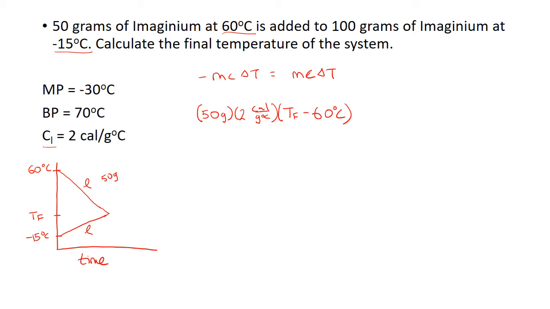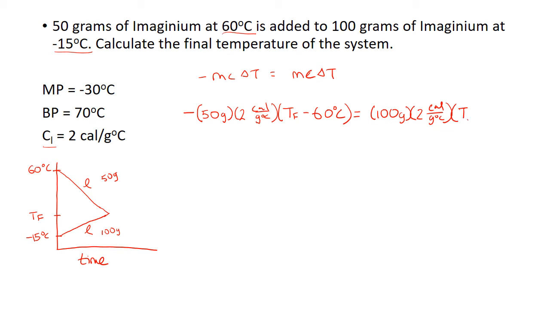We will go ahead and throw our negative out front right now so we can't forget about it. The mass of the other sample, it's the same substance, but the other sample is 100 grams. Same substance, so it has the same specific heat. In a lot of other calorimetry problems, maybe you don't know the specific heat of that other substance, you just write a C here in that case.